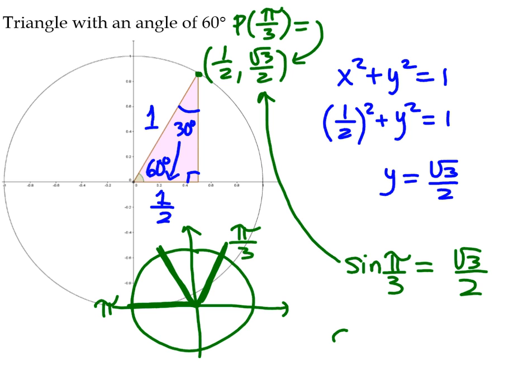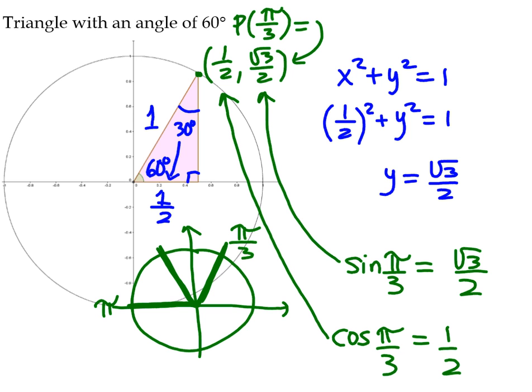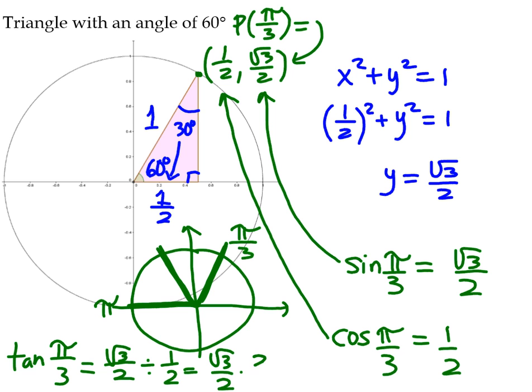If I was asking you for cosine of pi over 3, cosine is the first coordinate, so that's 1/2. I could also ask you for tangent. If I was asking you for tangent of pi over 3, then you would do sine divided by cosine. And remember that when we divide, we multiply by the reciprocal. So the answer would be square root of 3.